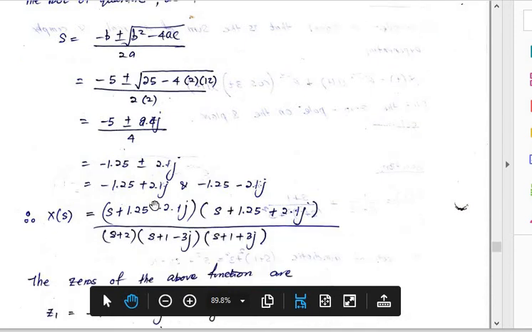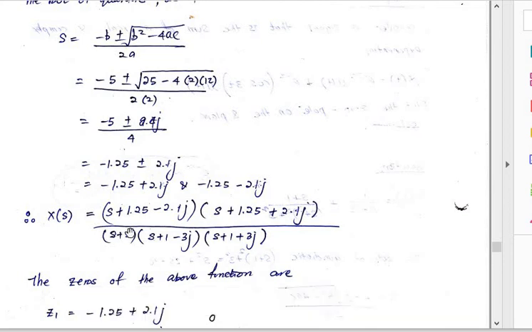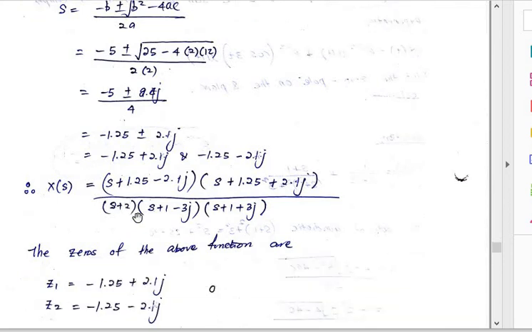We must solve until we get the individual s values. A complex value like this is fine, and a real number is also fine, but you cannot leave the s squared plus 5s plus 12. We must solve it until we get the exact s values.